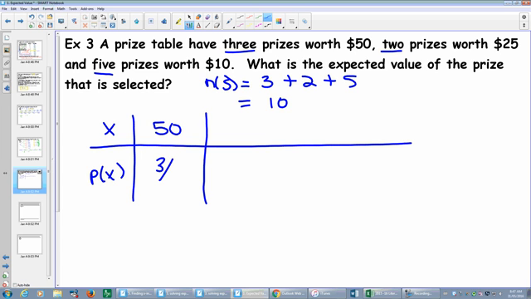There's 3. So what's the probability of selecting a $50 prize? Very good. Michaela, what's my next prize? Good. And what's the probability of me selecting $25? Very good. And Powell, what's my last prize? And the probability of getting that? Very good.